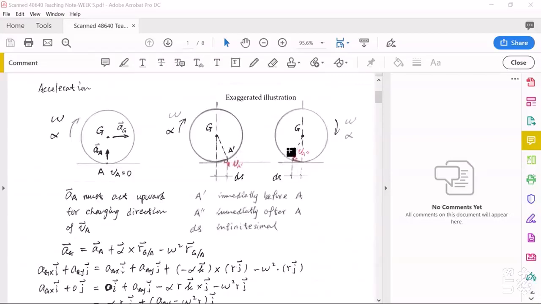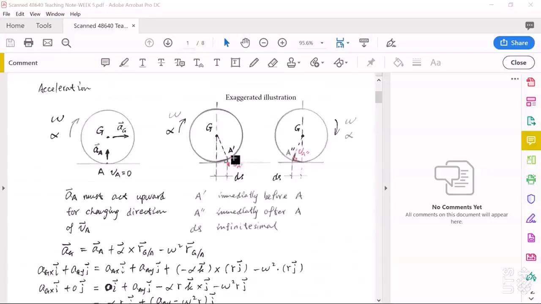Similarly, at point A double prime, the velocity VA double prime must be perpendicular to the line connecting point A and A double prime. And this time, because of the direction of the angular velocity omega, VA double prime must be upward.